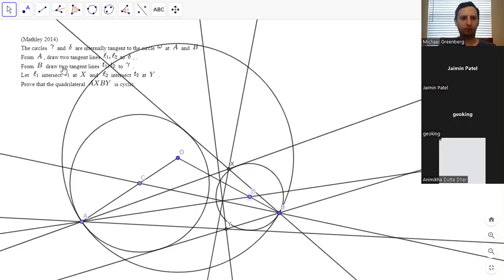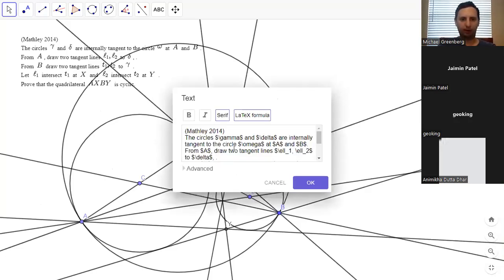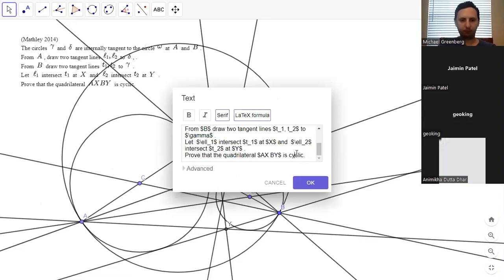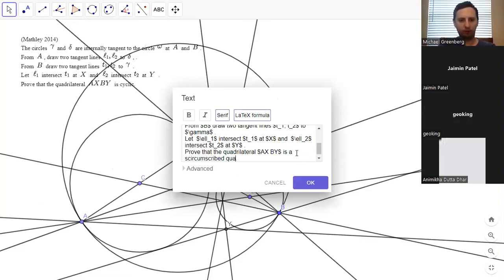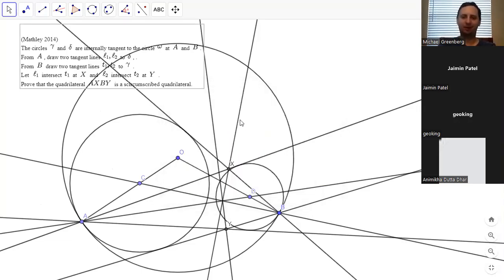Okay, so let me change the question. Prove that AXBY is a circumscribed quadrilateral. You guys think that's what they meant? I'm pretty sure it is, right?